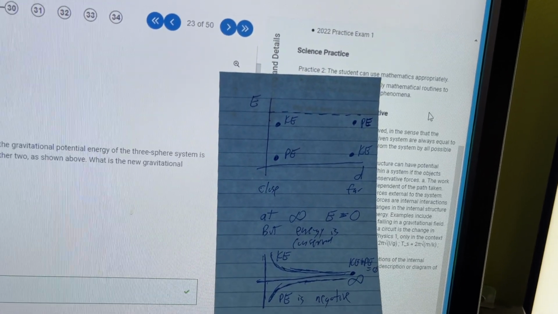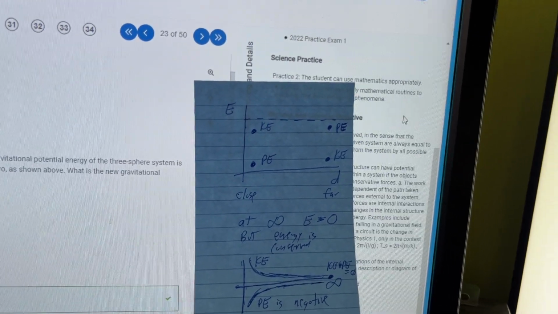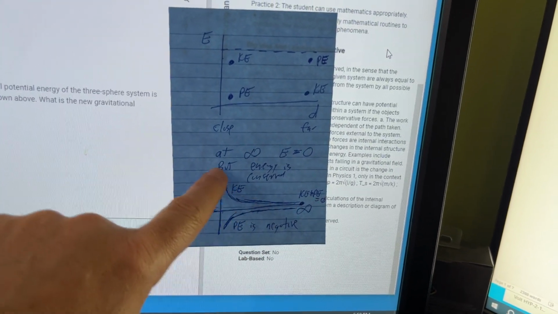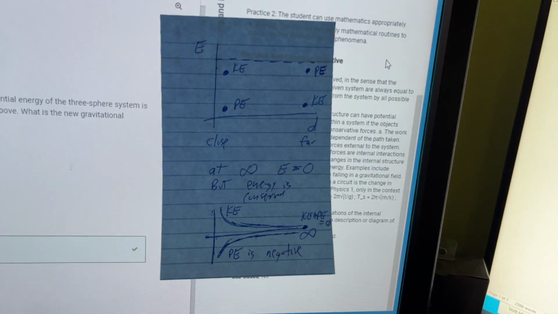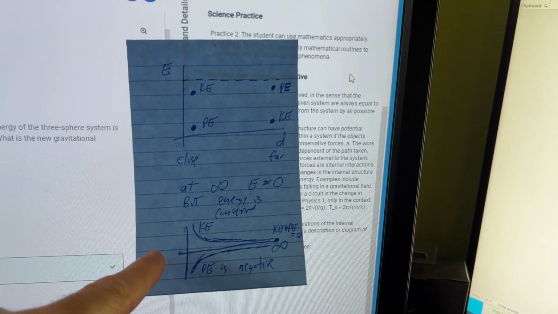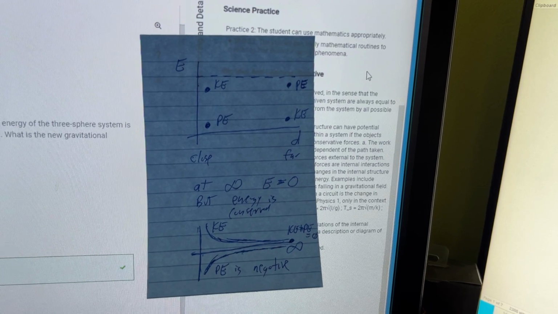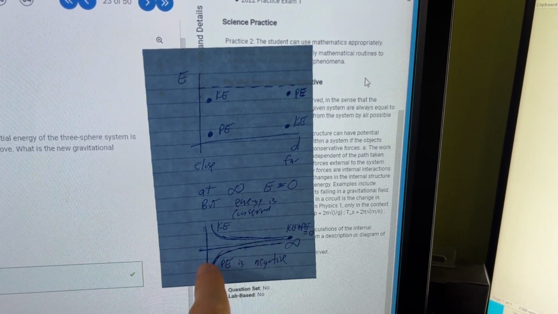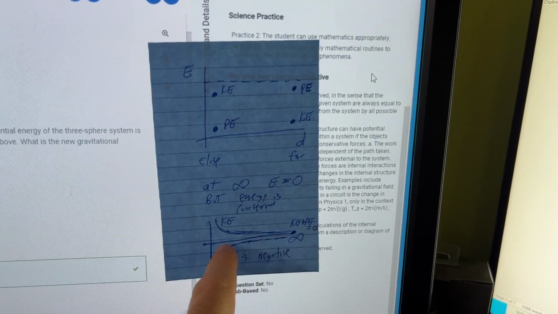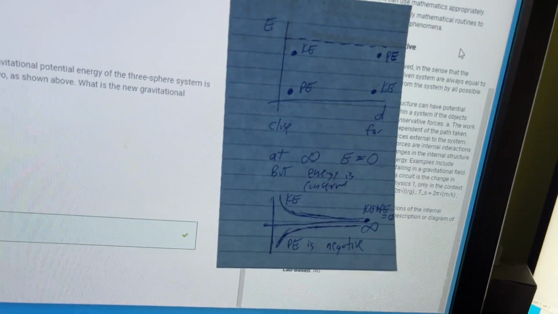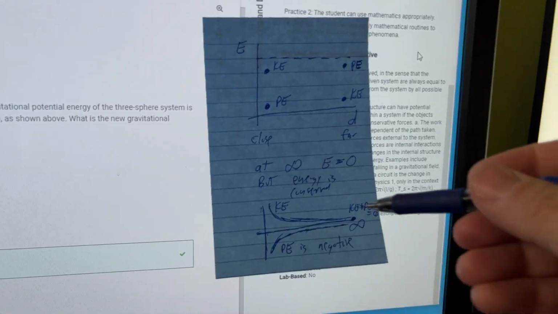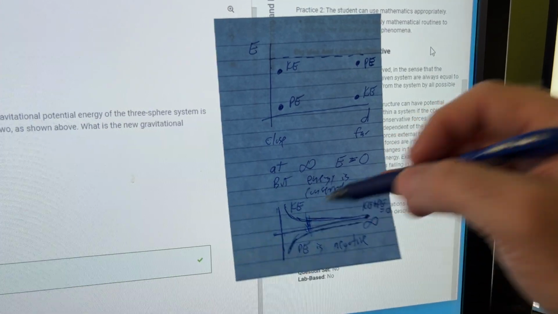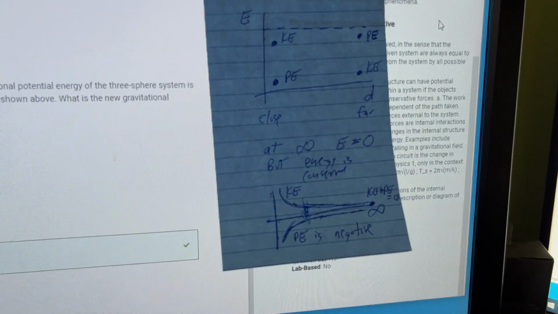So without explaining that, if you just take that to be true, if the kinetic energy goes up as a square like this, and energy has to be conserved, then PE also increases as we get closer to Earth, but it has to increase as a negative, because at any given point, at any given distance, the total energy has to be zero when compared to infinity.